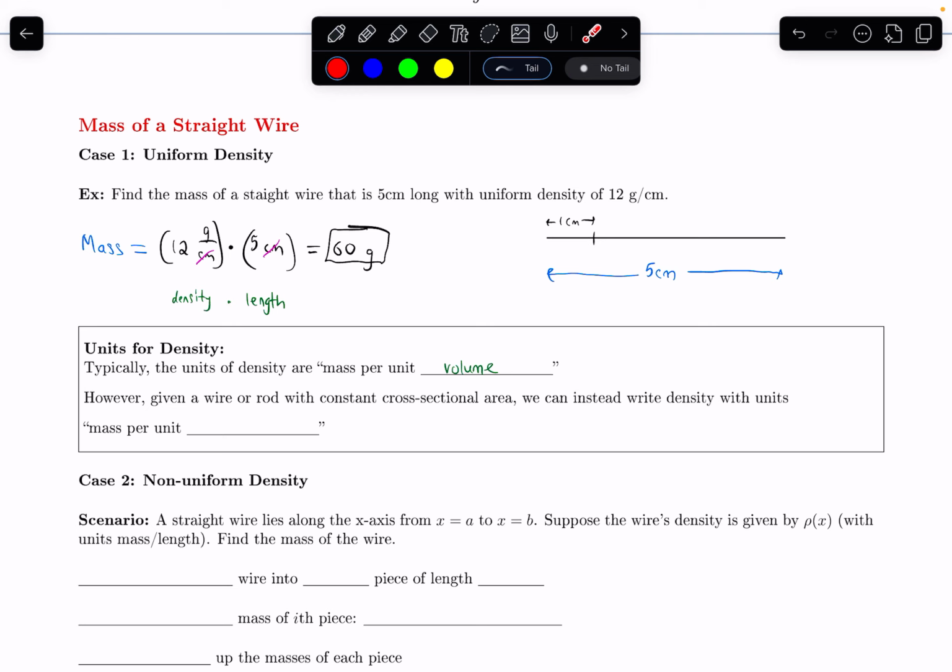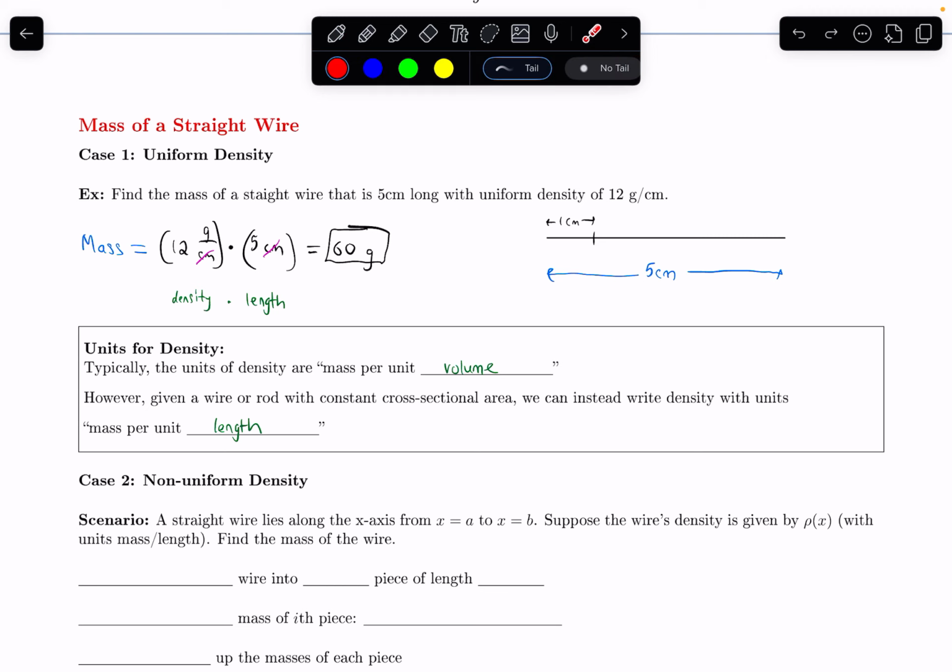But if the object that we're looking at is a wire or a rod, where either we're assuming it's infinitely thin, or it has a constant cross-sectional area, so even if it had some thickness, as long as that remained the same throughout, I can instead write the density having units of mass per unit of length, as we had in this example. That's why it was being divided by just centimeters, which are a unit of length.